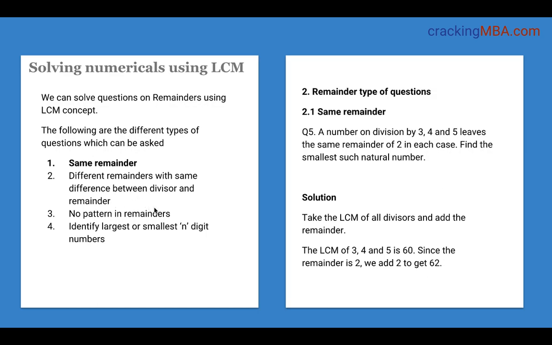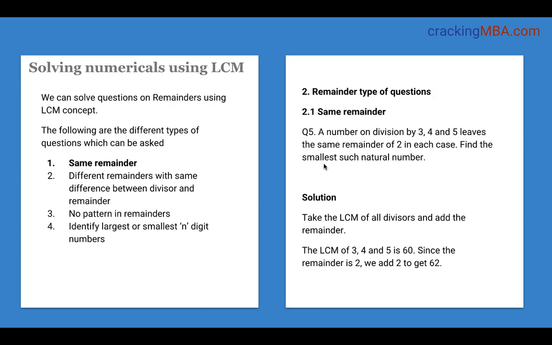Another is where you have different remainders, but the difference between the divisor and the remainder is constant. The next is where there's no pattern in the remainders, and the fourth is where you use the remainders to identify the largest or smallest n-digit numbers. So we will look at these four different types of questions and see how we can use the concepts of LCM to solve them.